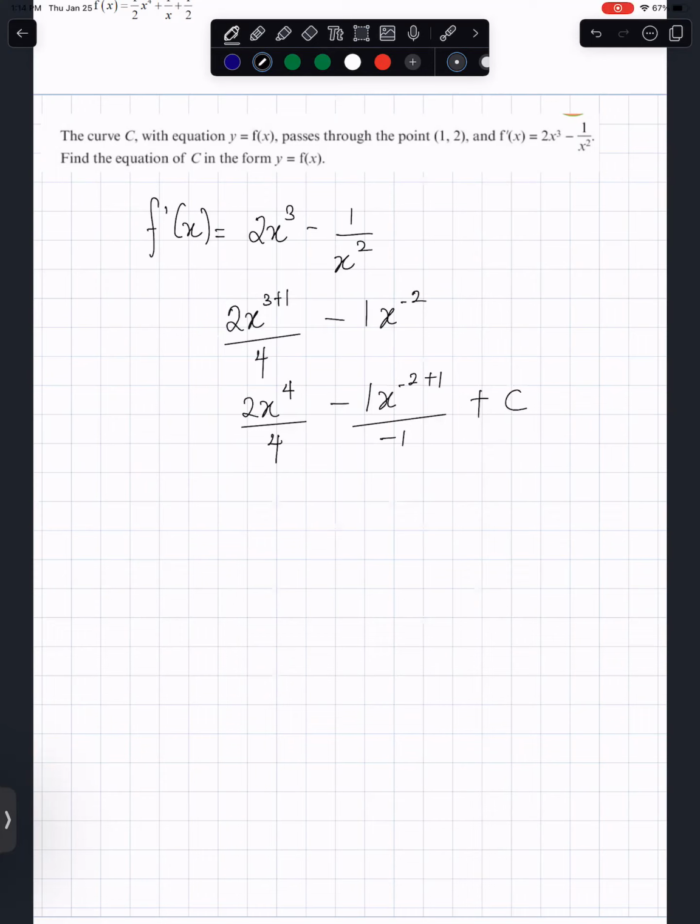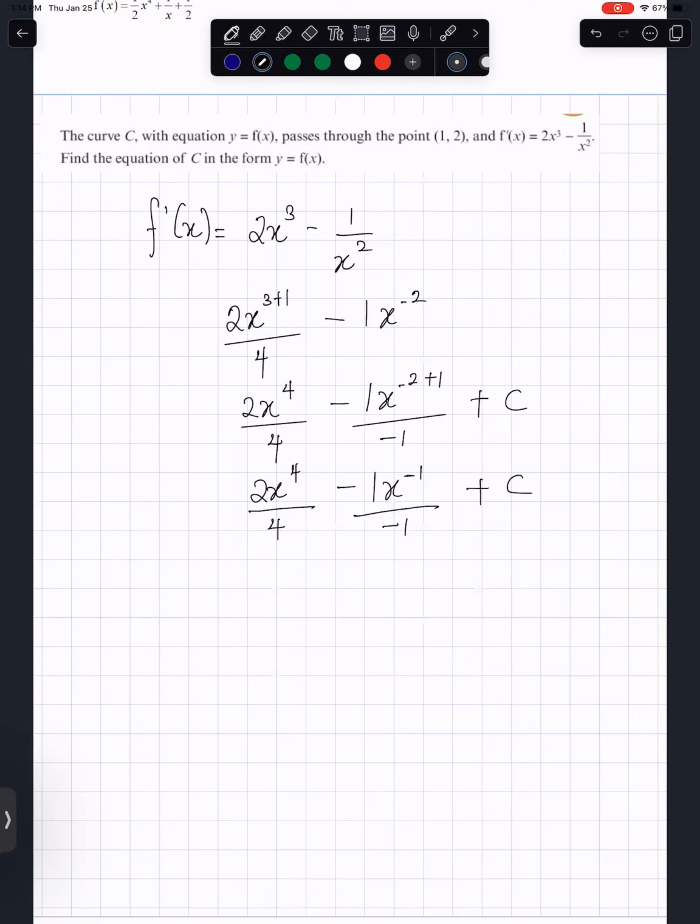Okay, we have 2x raised to the power of 4 over 4 minus 1 into what? x minus 2 plus 1 gives us minus 1 over minus 1 plus c.